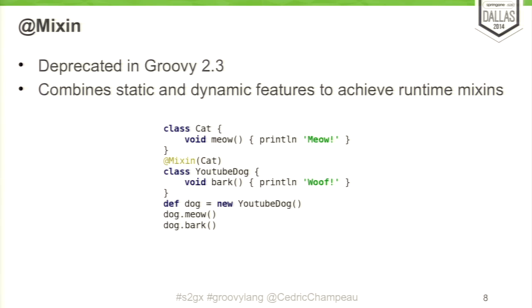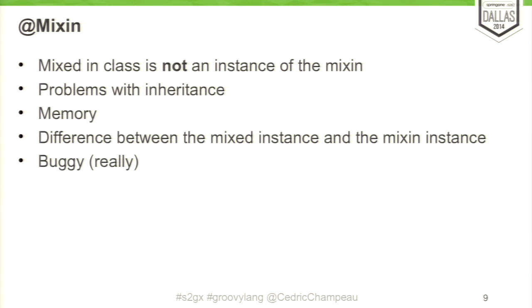So you have to know whether you are in one object or the other when you want to call a method. So you have some very weird problems that can happen. It works, but it's kind of buggy.